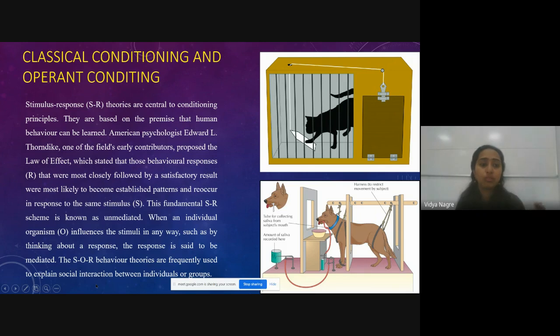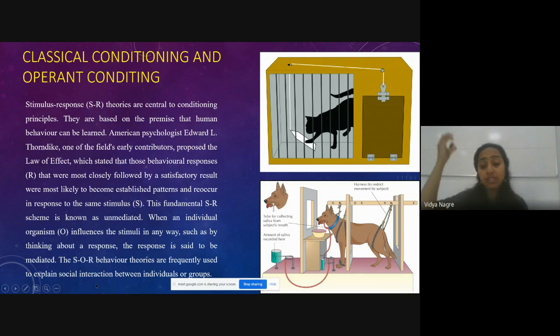So it is also known as stimulus response theory. For example, a hungry dog was kept, and when the dog is hungry, it barks, and it's the feeding time of the dog, and Pavlov rings a bell, and the food comes in the bowl, and the dog eats it.